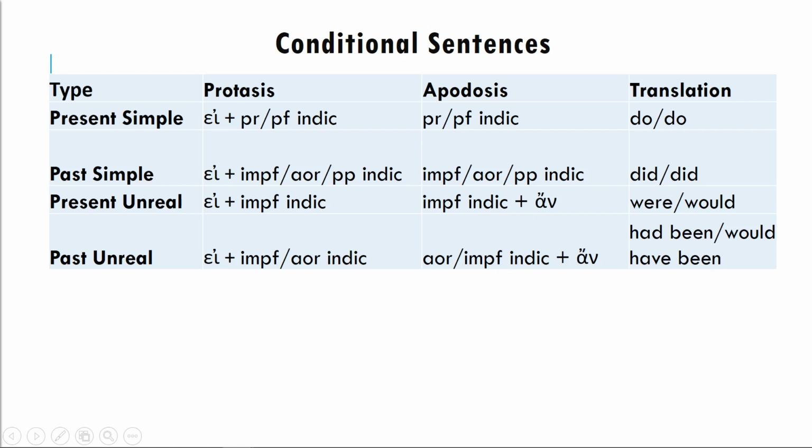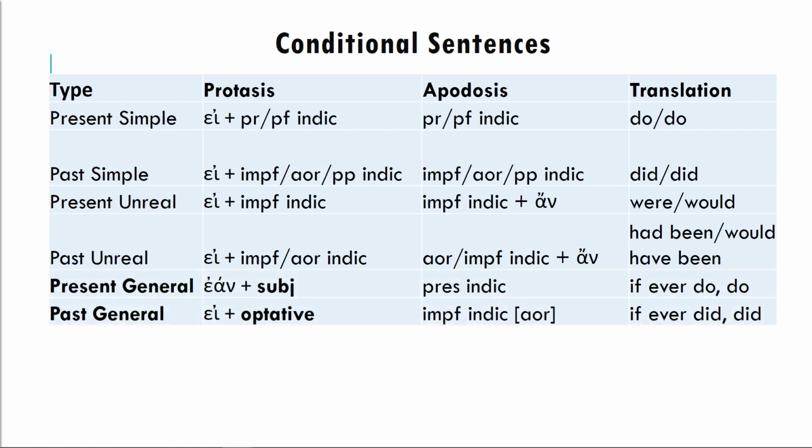Now, there's also what we call present generals, which are simply gnomic statements of truth that apply whenever. They have an indicative in the apodosis to indicate that it's a statement of truth, but they have either subjunctive or optative in the protasis, in the sense of whenever this happens. So we get this indefinite sense that puts it into the subjunctive or optative.